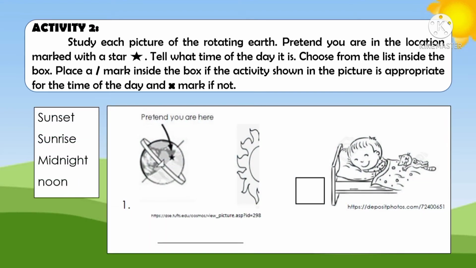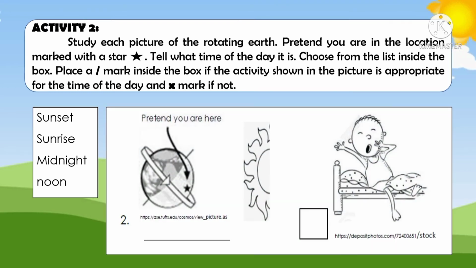For number 1, the answer is sunrise. Is the picture appropriate? No. Number 2, the correct answer is noon.